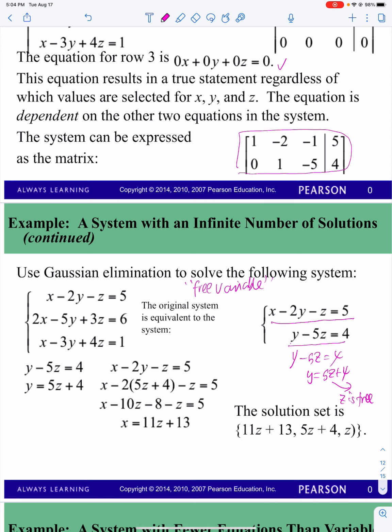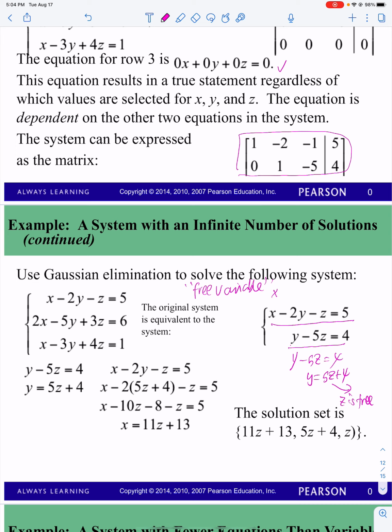What do you want for x then? You also want x to be in terms of z. So substitute y equals 5z plus 4 into the first equation. You want x to be in terms of z too, because z is your free variable. It's just like a special number here, so everything is in terms of z.